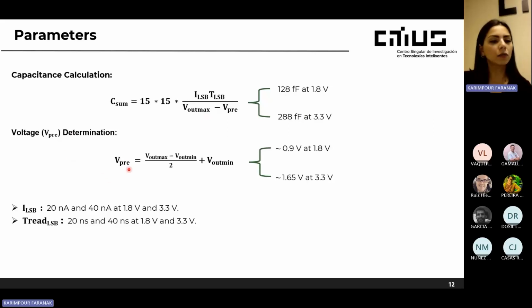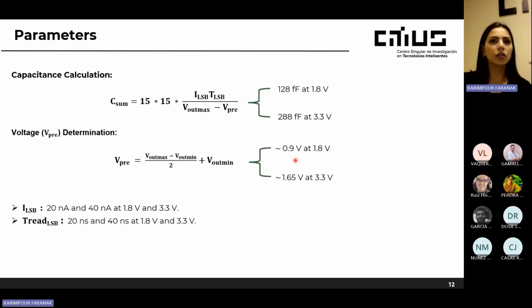As for the voltage precharge equation, which quantifies the difference between the maximum and minimum voltages, we evaluate the optimal voltages to ensure the transistors remain in the saturation region. For example, at 1.8 volt, we have a voltage precharge of 0.9 volt.